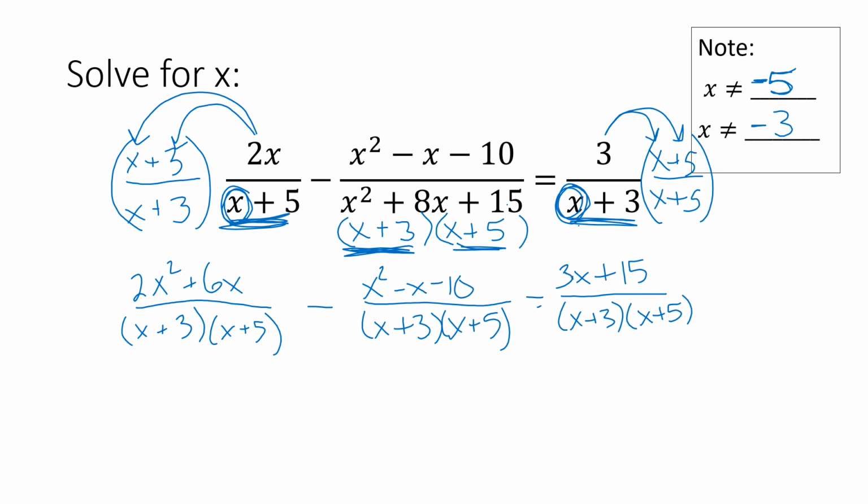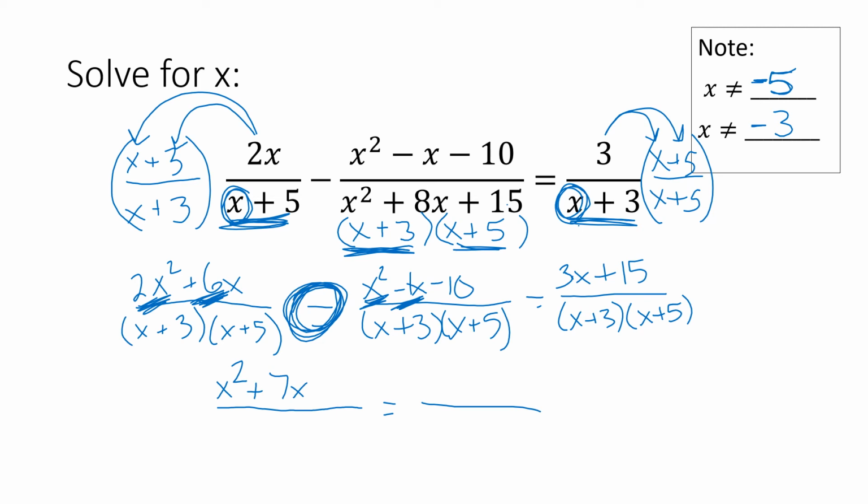Okay, now I'm going to go ahead and take care of this subtraction. I'm going to combine like terms here. I've got 2x squared minus 1x squared would be 1x squared. 2 minus 1 is 1. And then if I look at the x's, I've got 6x minus negative 1x. So 6 minus negative 1 would actually be a positive 7x.